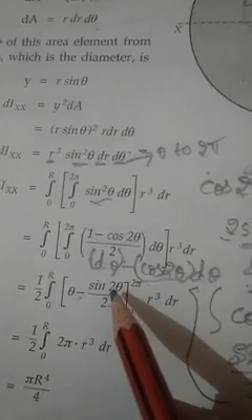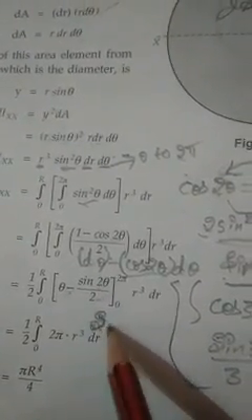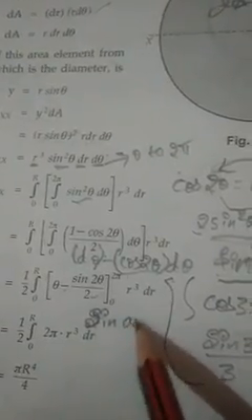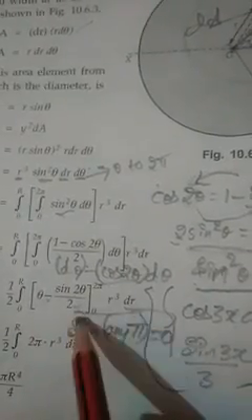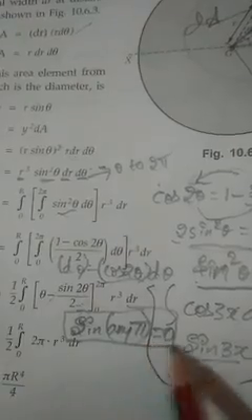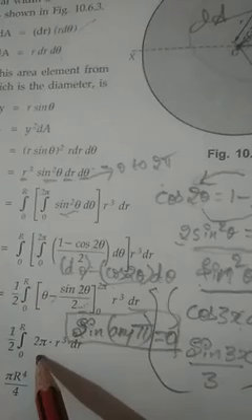Sine of any multiple of pi is 0. Got it? So that's why this will become 0, and the whole term reduces to 2 pi.